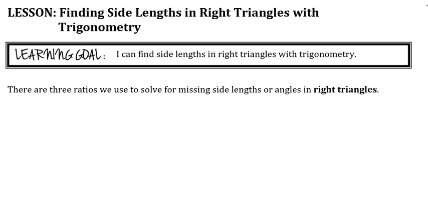So there are three ratios, or they're kind of like a formula. I often call them ratios, but when I say that, I mean formula. And here they are, and we need to know these for everything we do.